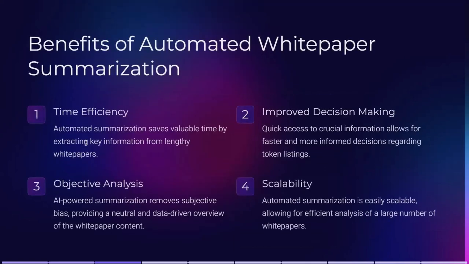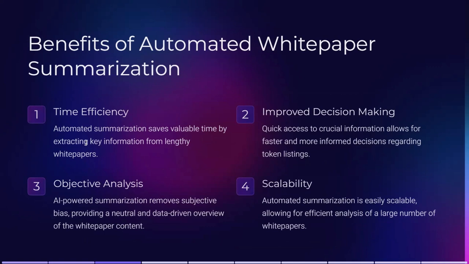So let's take a look at the benefits of automating the entire white paper summarization. Like I mentioned just now, we don't want to spend a lot of time going through papers that look very much like theses in universities, and it does drain a lot of our energy.